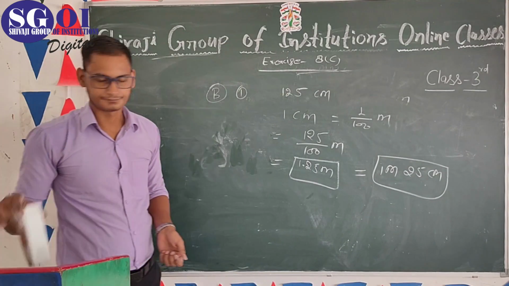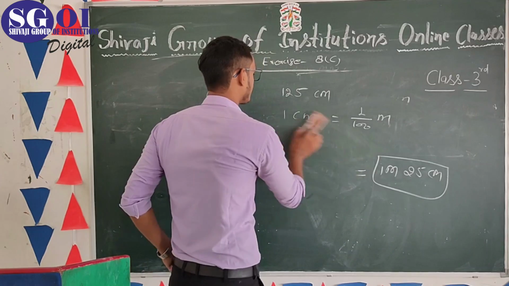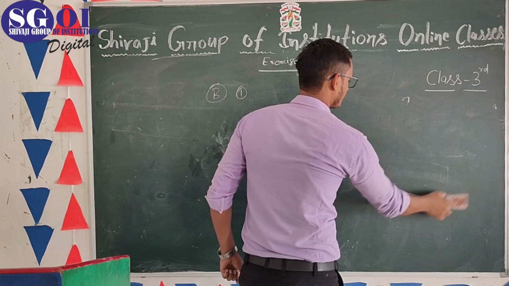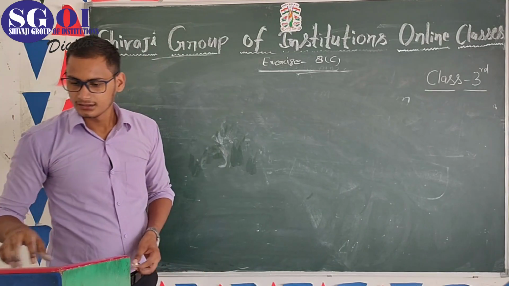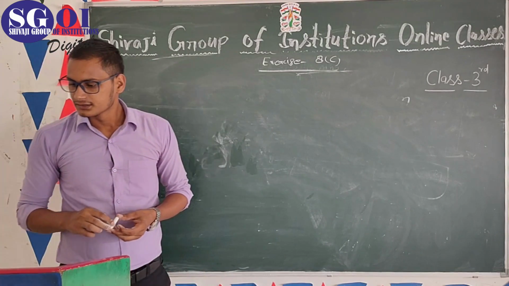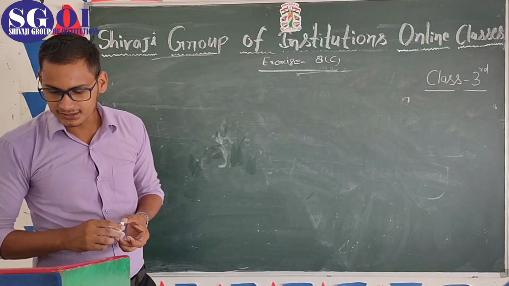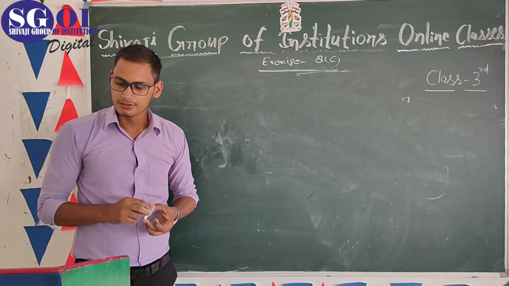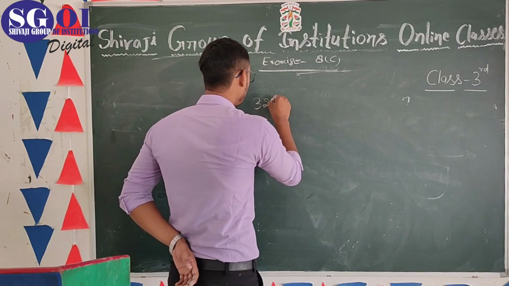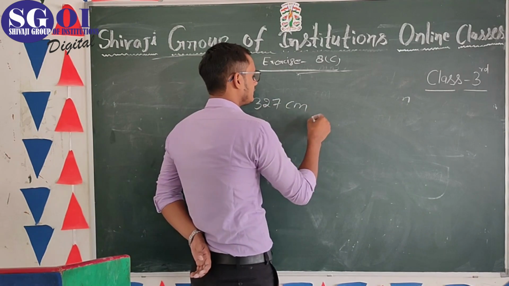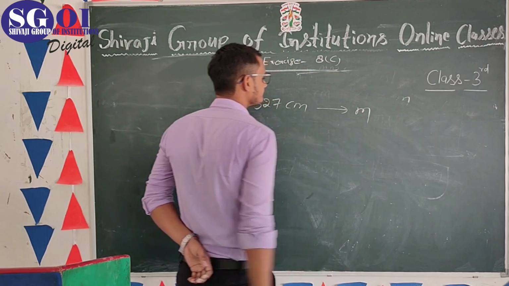Next, 327 centimeters change into meter.